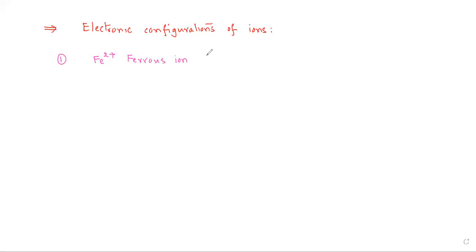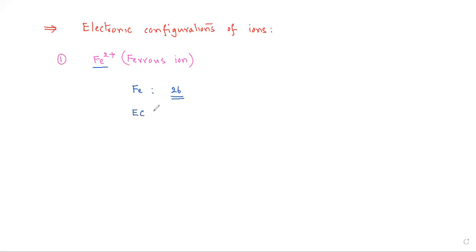This is called ferrous ion, right? Now, how to write the electronic configuration of Fe plus 2? We know that the atomic number of iron is 26.